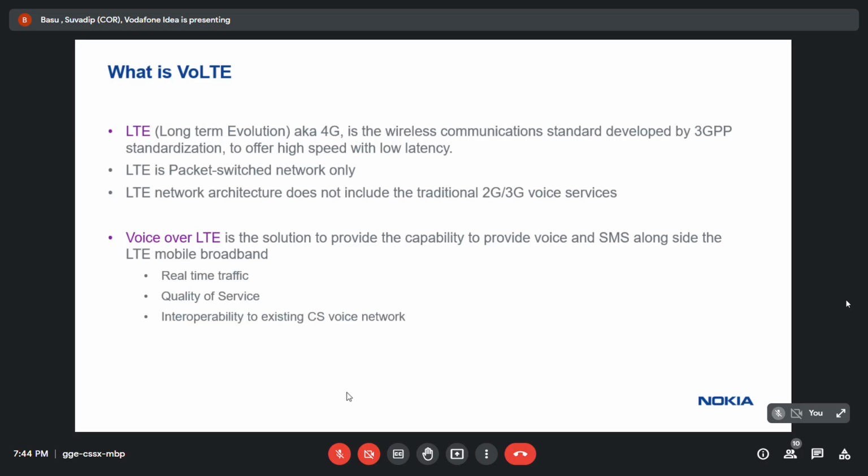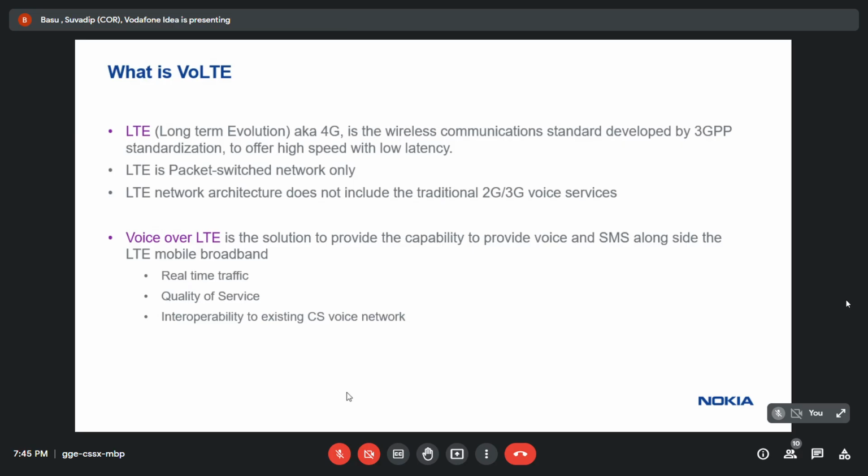So there you could not regulate the quality of service. But in VoLTE, since it is about packets, it has to be governed under QoS. Okay. Now, what is the requirement of real-time traffic and what is QoS?